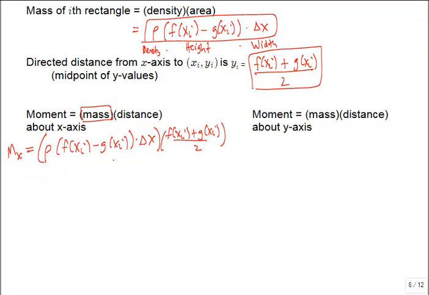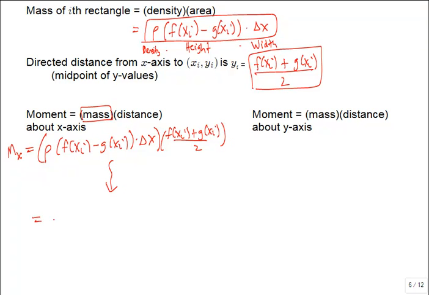Then what we would have to do is sum up all of these different moments for each of those rectangles, and as we make those rectangles get skinnier and skinnier so that this delta x goes to 0, what do you think this is going to turn into? It's going to turn into an integral.